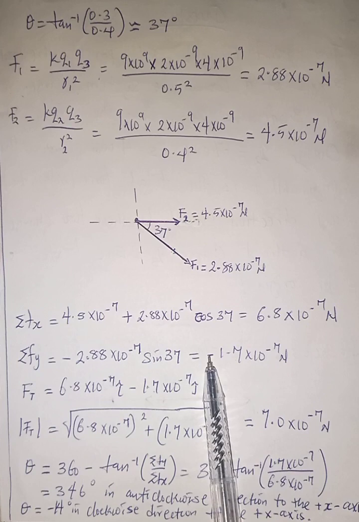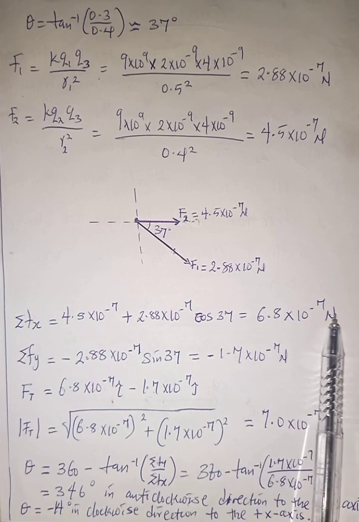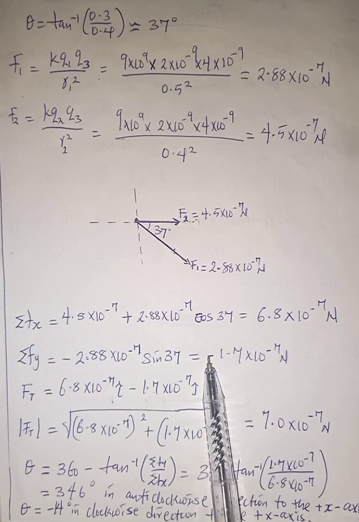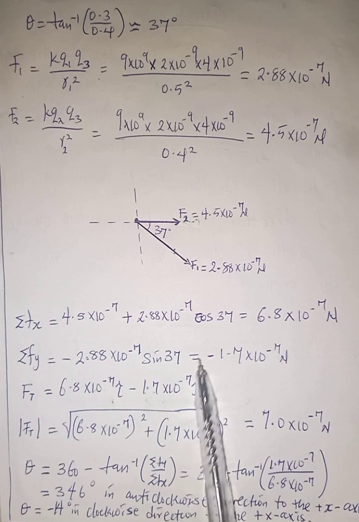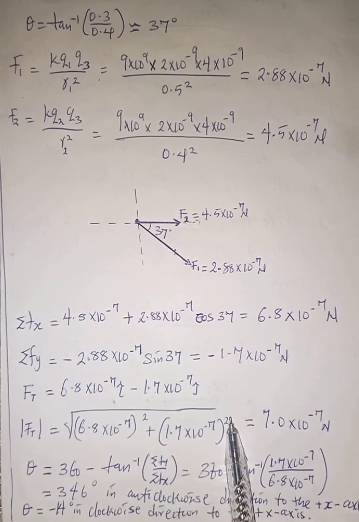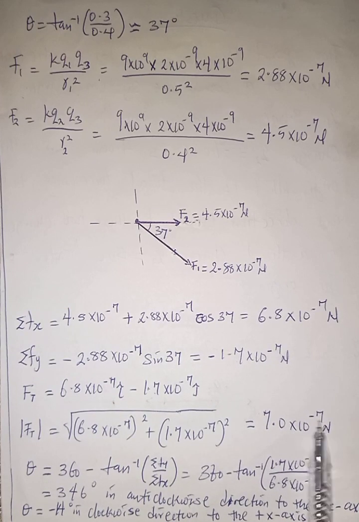Whether this one is negative or positive, that's not our business. Remove the negative sign, because if you square it, the negative sign will go. Then we have this as the magnitude of the force.